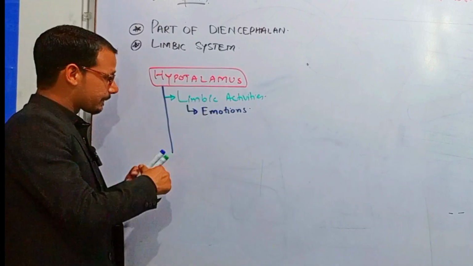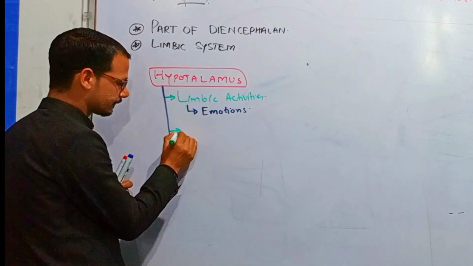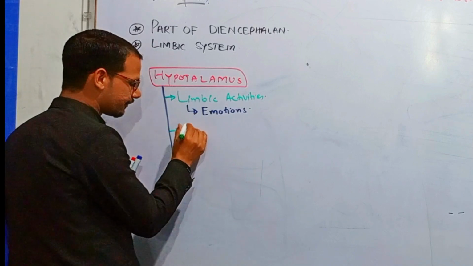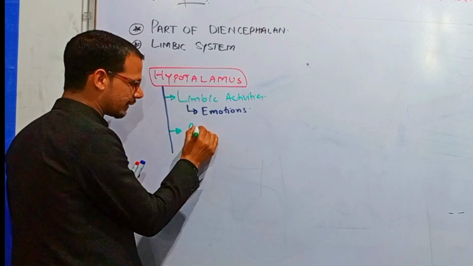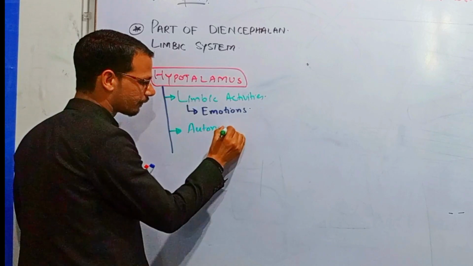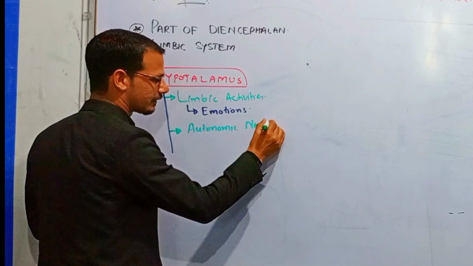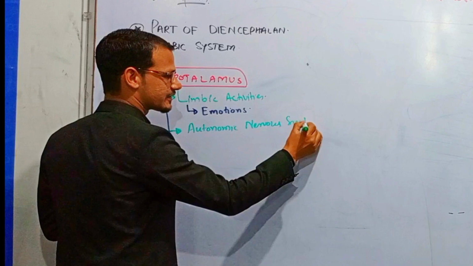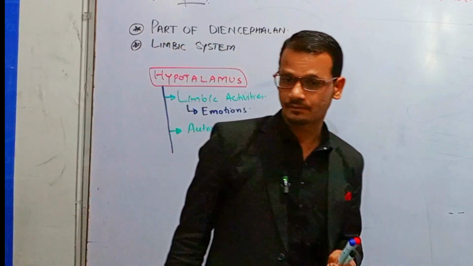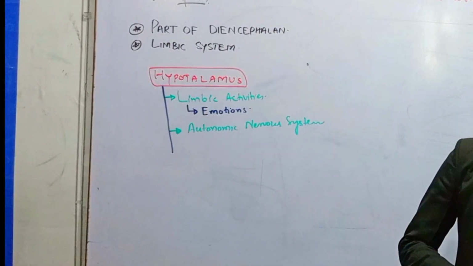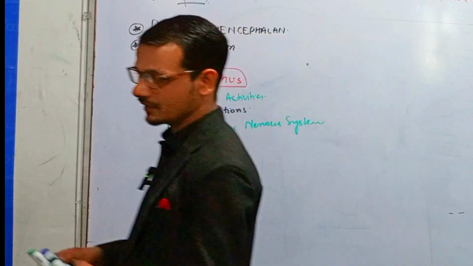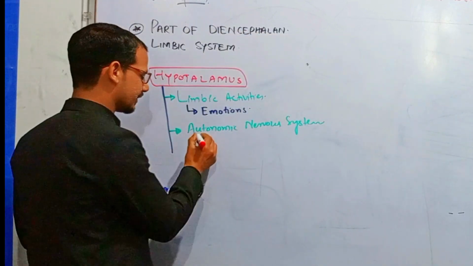The second thing, it has a role in autonomic nervous activities or system, because it will control the sympathetic as well as parasympathetic activities.